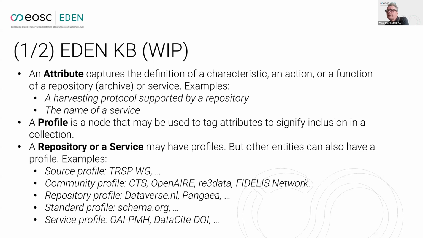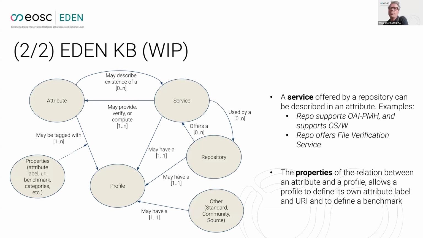For the EDEN registry, the source profiles, the community profiles, and the repository profiles are important, or should become important. So this is a schematic overview of the relations between those entities that are available from the knowledge base.